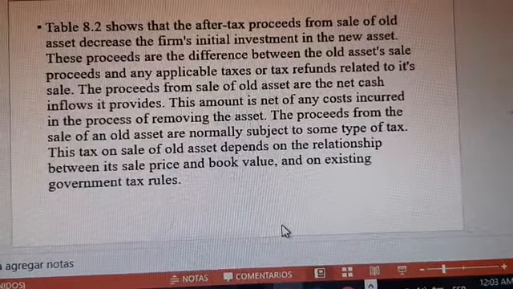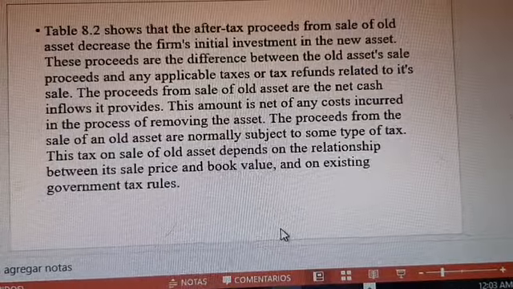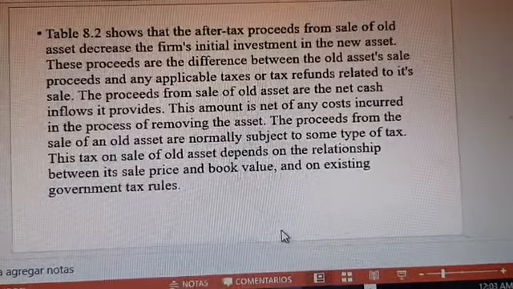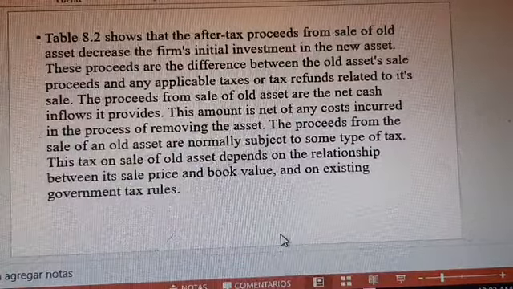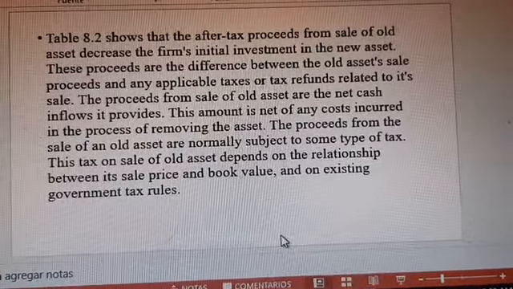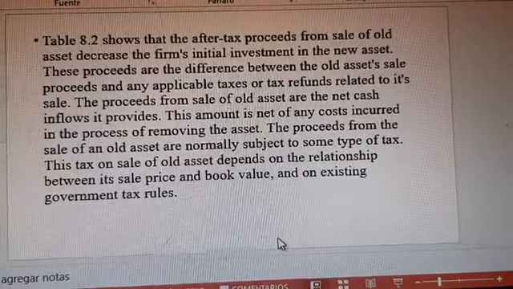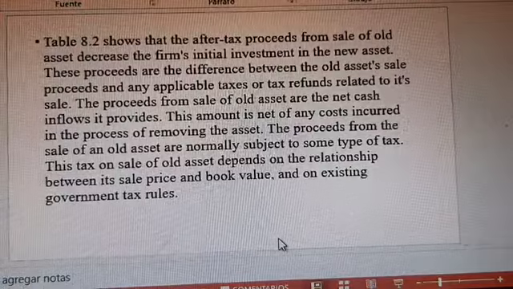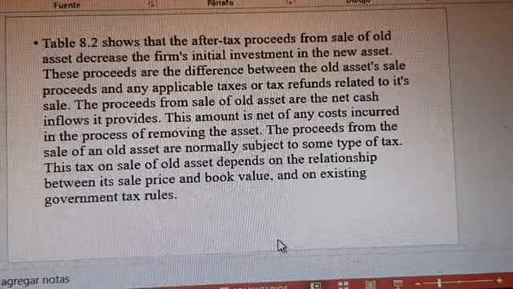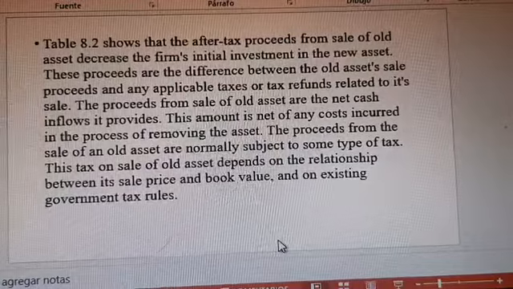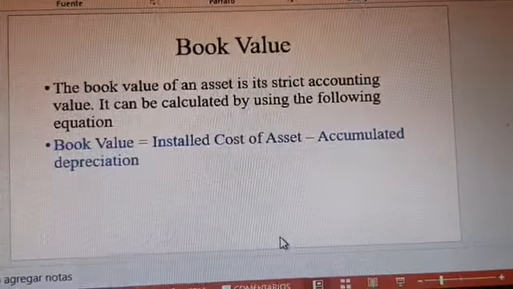The proceeds from sale of an old asset are the net cash inflow it provides. This amount is net of any cost incurred in the process of removing the asset. The proceeds from the sale of an old asset are normally subject to some type of tax. This tax on sale of an old asset depends on the relationship between its sale price and book value and on existing government tax law.